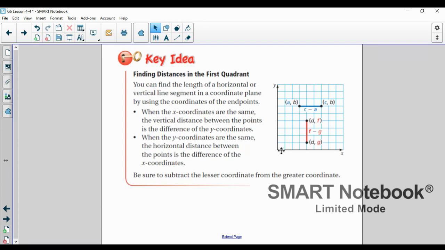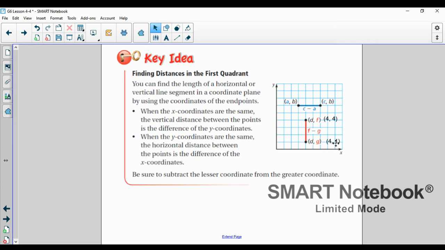Notice that both of them have an x coordinate of 4. If I'm looking at this grid, it would be 1, 2, 3, 4, right? So the coordinate here would be 4, 1. And the ordered pair up here would be 4, 4. So these are the coordinates for this particular line here.